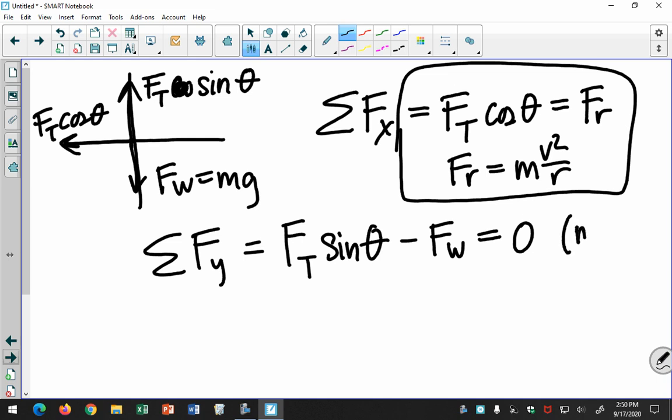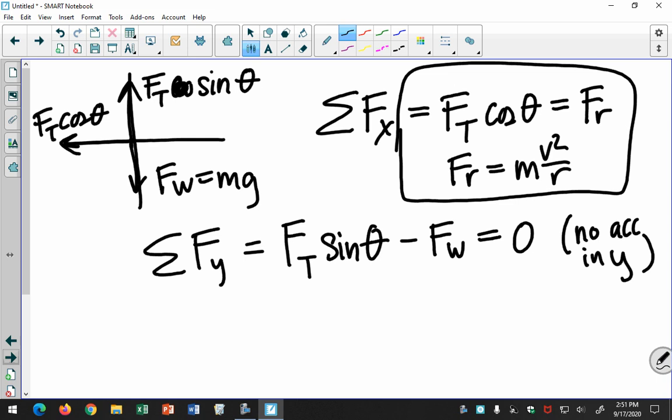Because our object is not accelerating in the y direction. Think about it. Where is it going in the y direction? It's not. It's only got stuff going on in x, or in our case, the radial direction. So again, think about what you know.